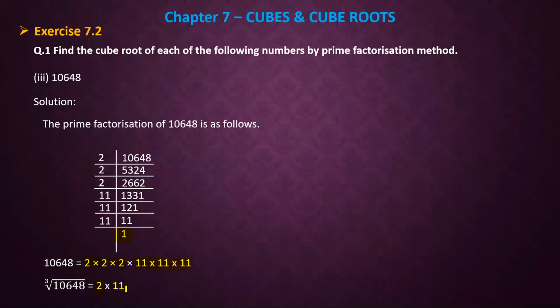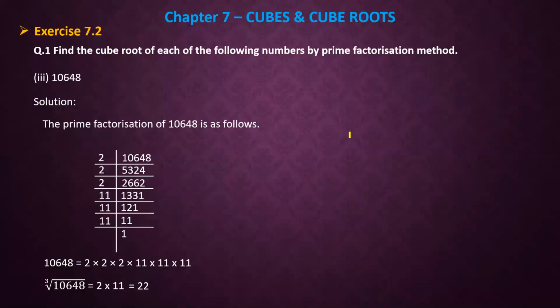And from the second triplet, we had taken 11. And if we take the product of these two numbers, 11 into 2, then 11 2s are 22, which is the cube root of 10,648.